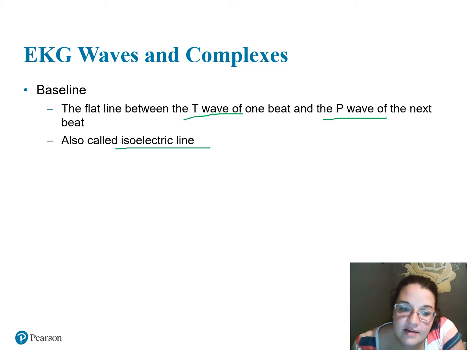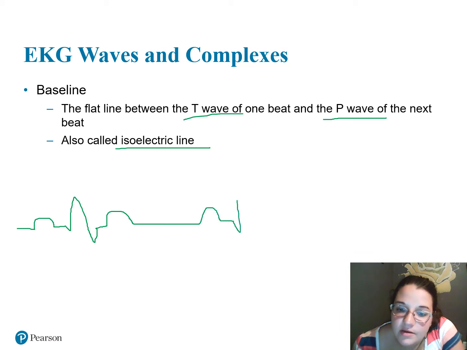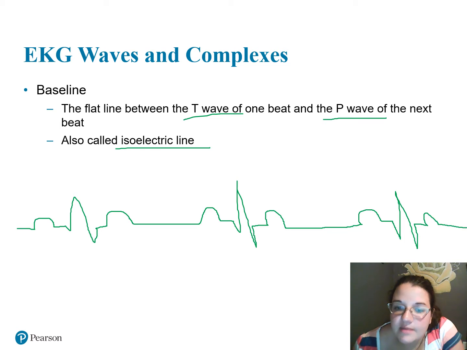So if we have P, QRS, and T, and here's my baseline, and here comes another P, QRS, and T, and then here comes another baseline, P, QRS, and T, baseline. So my flat line in between my T and my P is called my baseline.